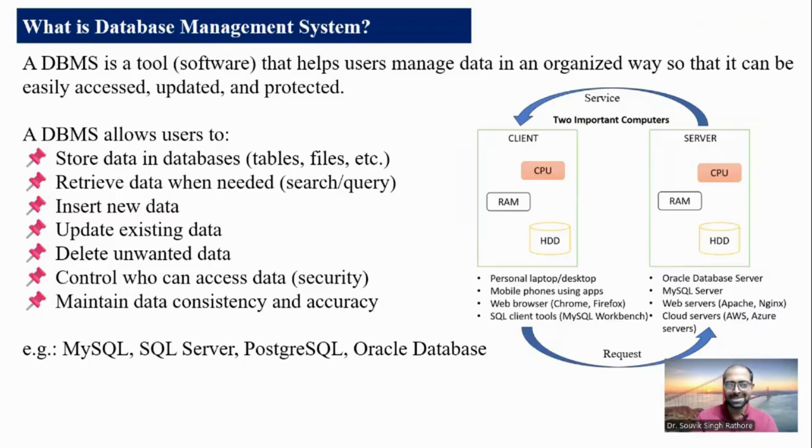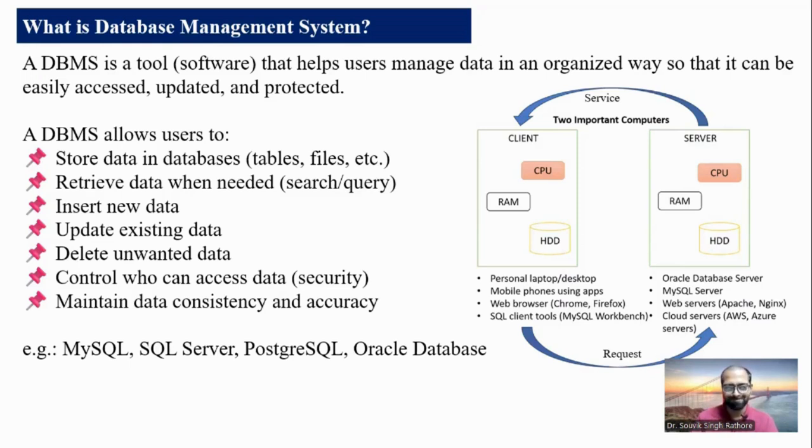Now, let's understand what a database management system actually is. A database management system, or a DBMS, is a software that helps a user to manage data in an organized way. Right. So let's break this definition into small pieces.